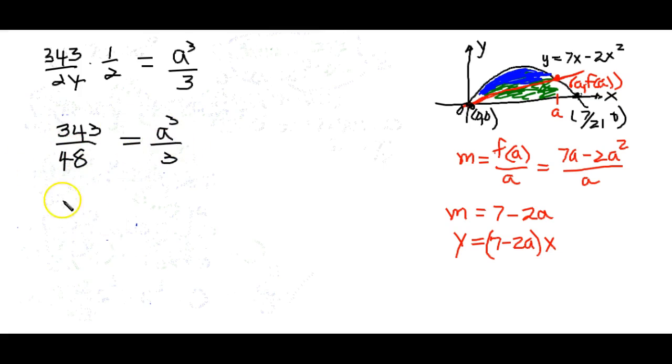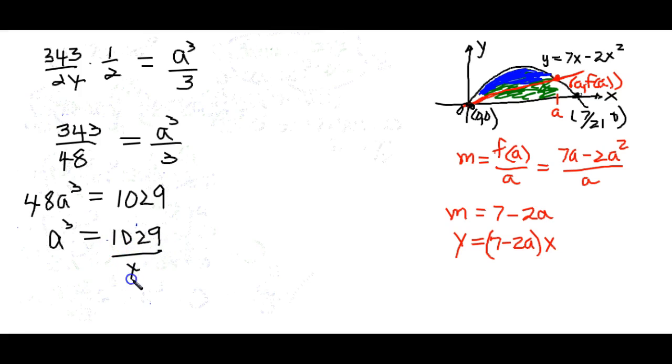Using cross multiplication, 48 a cubed is equal to 3 times 343, which is 1029. And we're going to divide both sides by 48. So a cubed is equal to 1029 divided by 48.